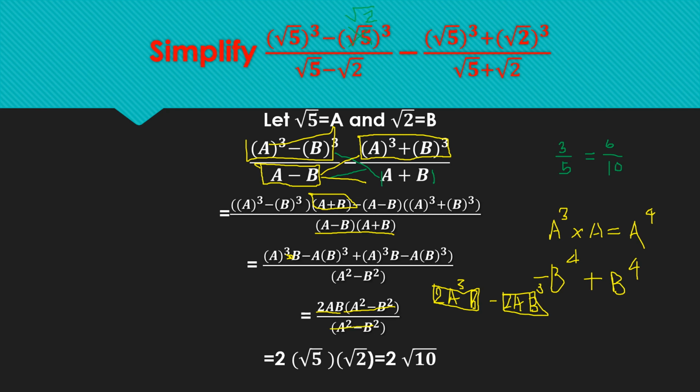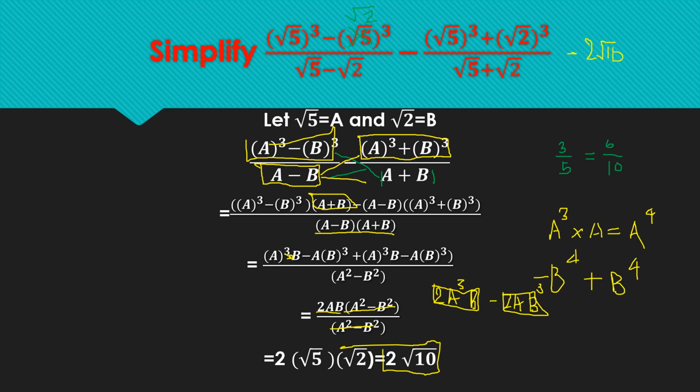So 2ab is 2 times root 5 times root 2, which is equal to root 10. If you want, you may put this onto a calculator and you will realize that you actually get 2 root 10. Otherwise, you can take this entire equation, then also minus 2 root 10. You will get your answer as 0.